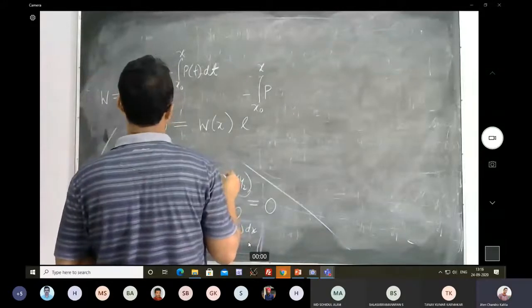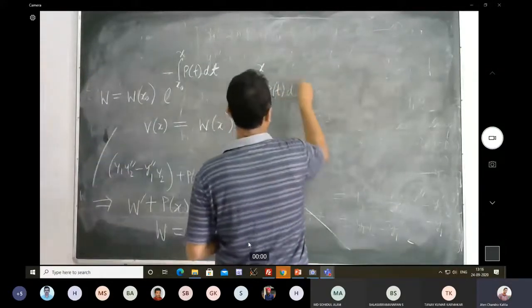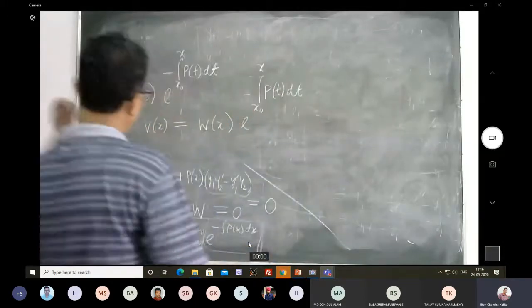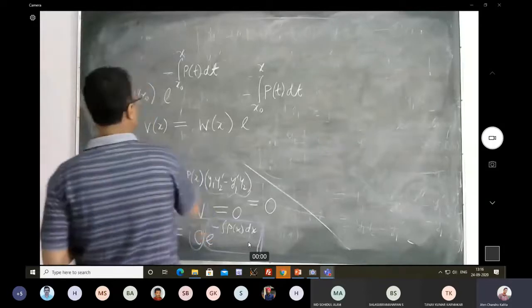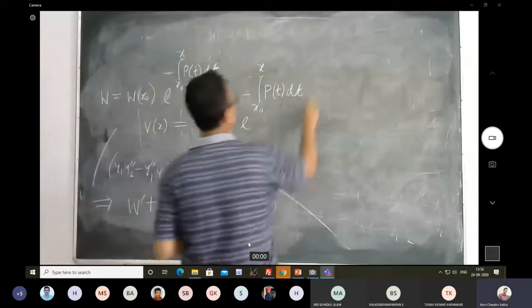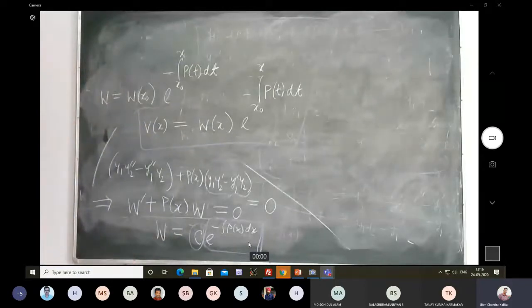Was it minus or plus? Okay, anyway, I can get it. So you have to simply prove that V is a constant function. Is it? I think so.